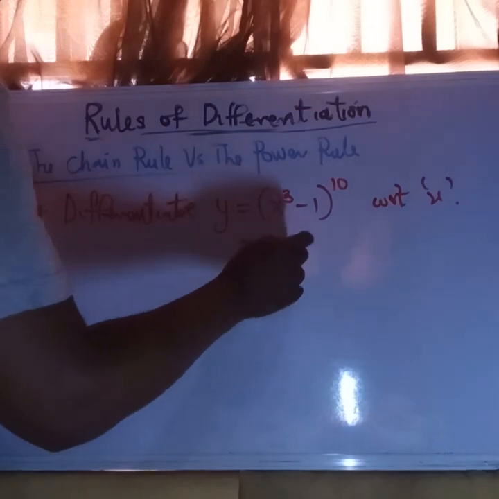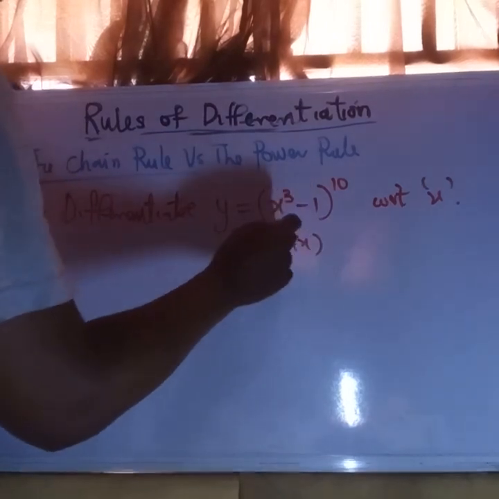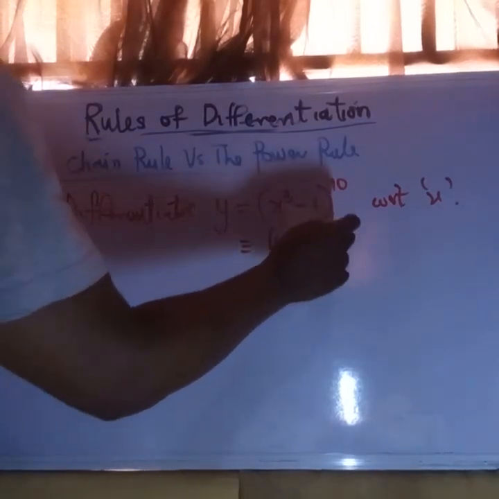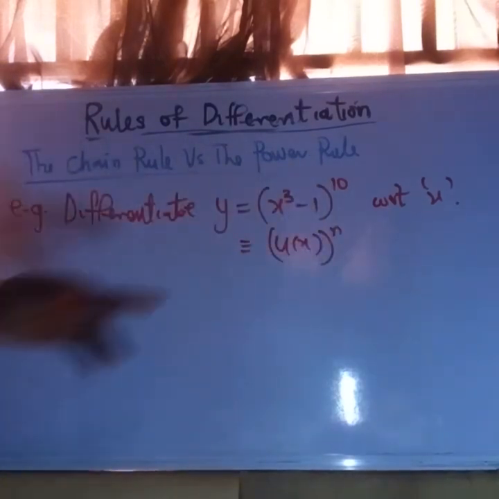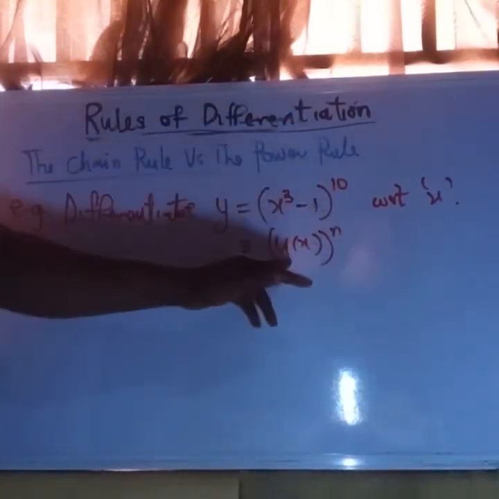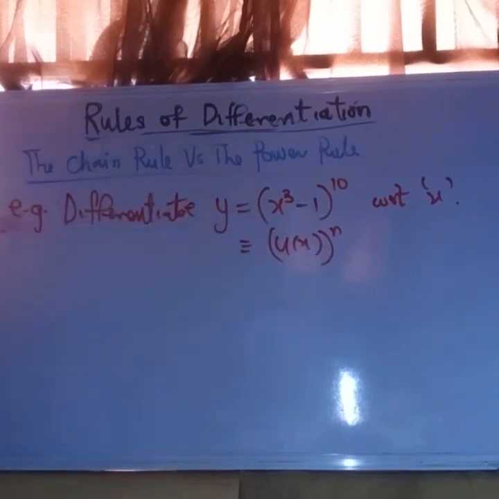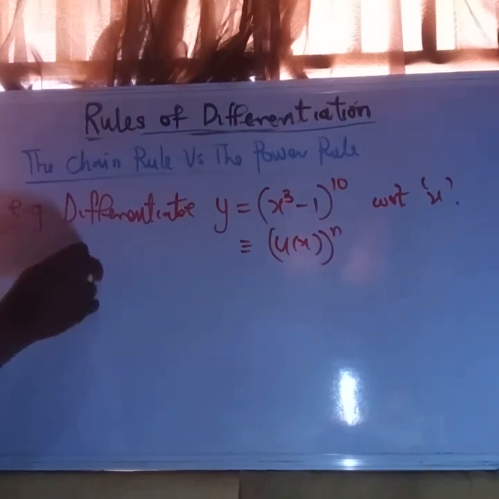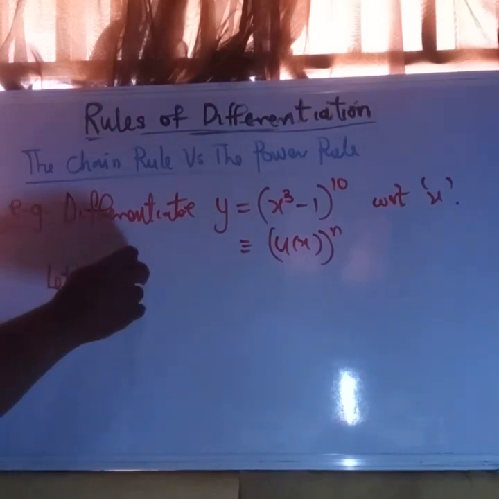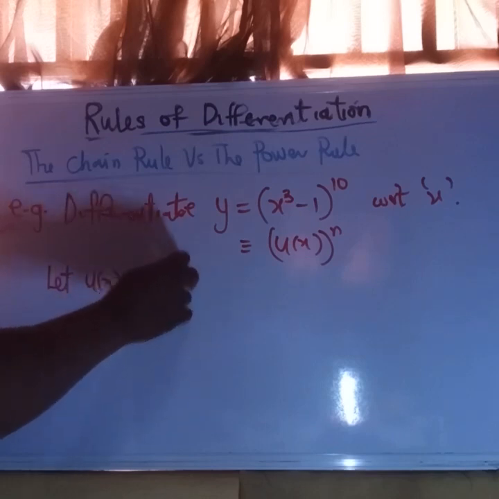This function is a function u whose power is n. So by comparison, this is u of x. Let u of x equal x cubed minus 1.